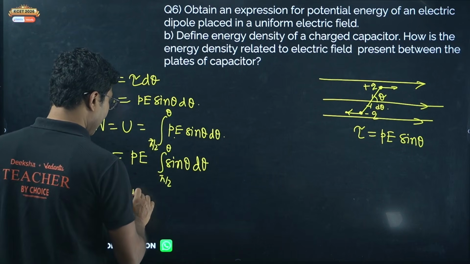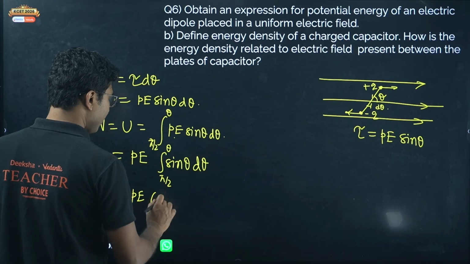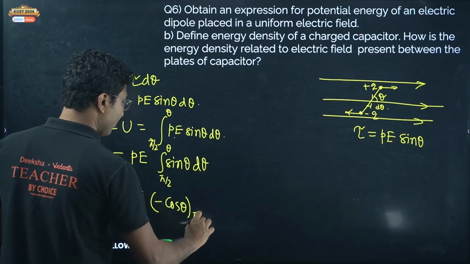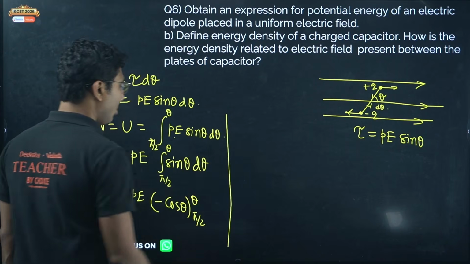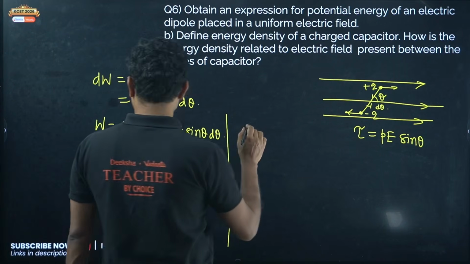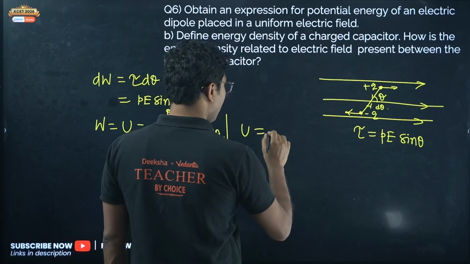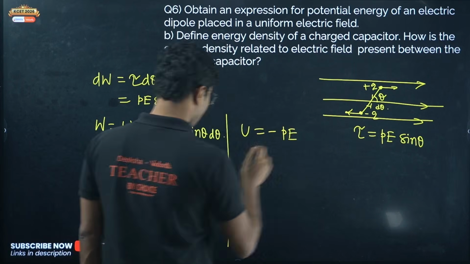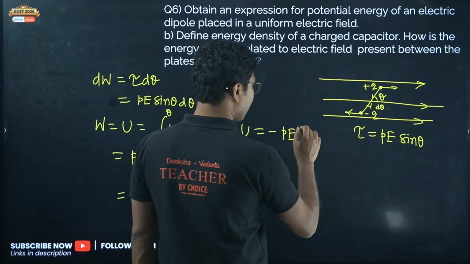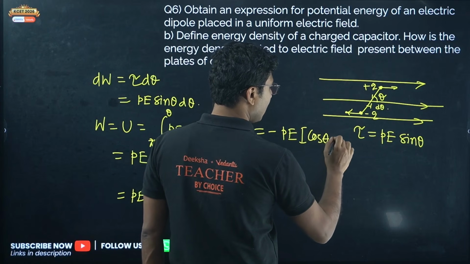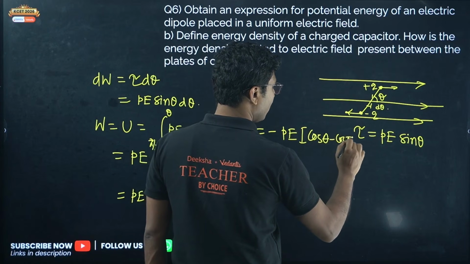So pE and the integration of sin theta is minus cos theta from pi by 2 to theta. If you put the limit, the potential energy of the dipole is given by minus pE, minus is common outside. First you put the upper limit, that is cos theta minus cos pi by 2.